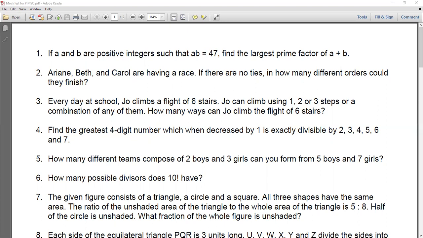Okay, here you try. So number 1, what is your answer? I'm not sure. So what's your answer? I'm not sure.